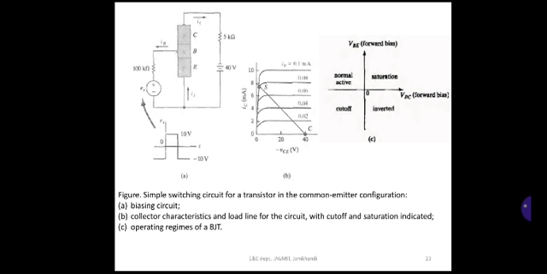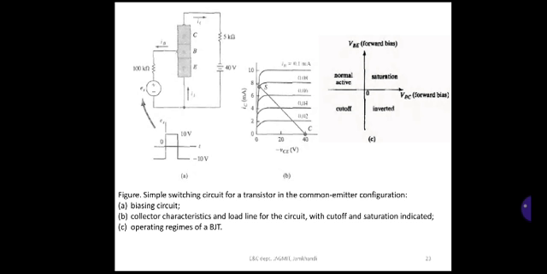Here we are going to see the nature of conduction in both these regions, the cutoff region and the saturation region. What are the factors that affect the speed with which the transistor can be switched between the two states, the on state and the off state?